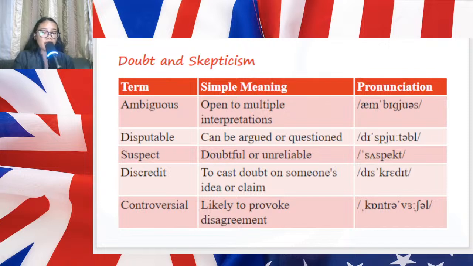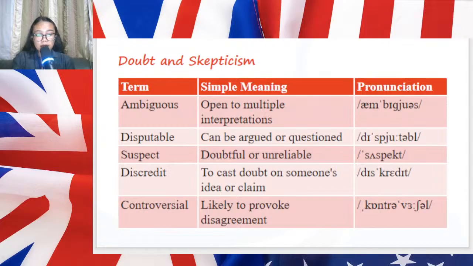We understand that doubt refers to a feeling of uncertainty or lack of conviction about something, right? When you doubt something, you are not fully convinced that it is true, correct, or reliable. Now, skepticism, on the other hand, is a more deliberate and intellectual approach. It means you question the truth or value of a claim, especially if it lacks sufficient evidence or seems biased.